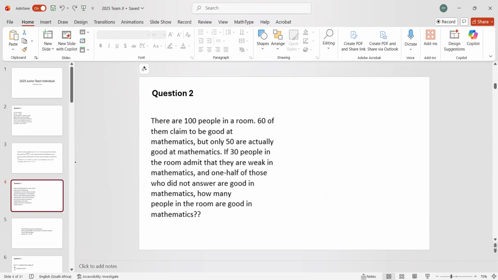You had 100 people, 60 of them answered, and 30 people admitted. So you have 90 people who said that they are either good or weak in mathematics. There were 90 of them.